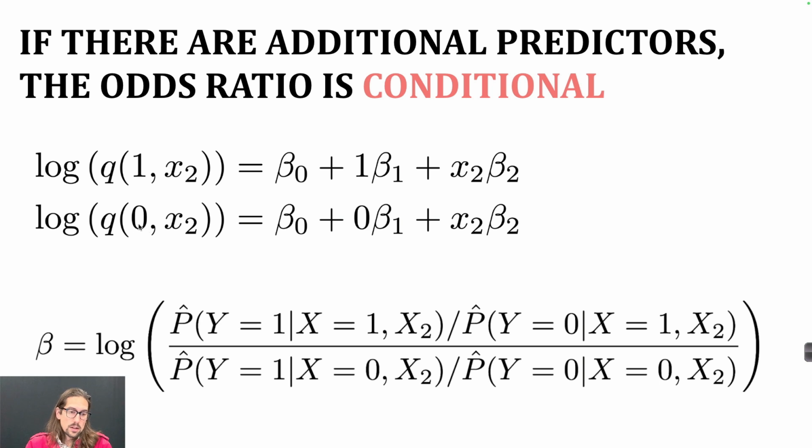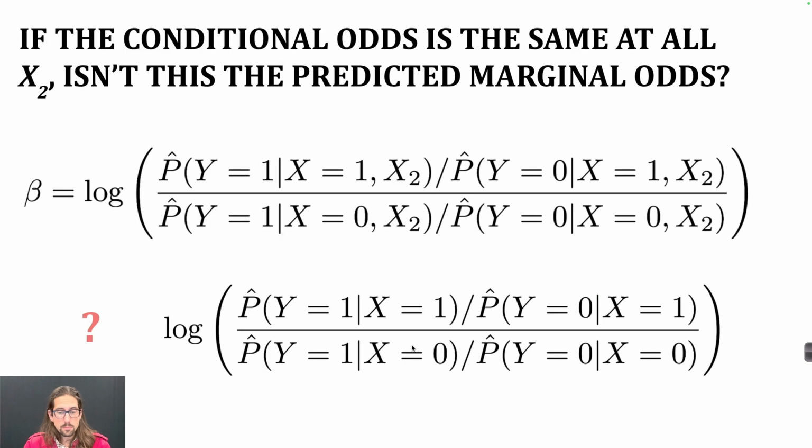And this is the odds at x1 equals 0 and x2 equals little x2. If you do the same thing, you'll see this stuff cancels. But your interpretation of this has to be the ratio of these two odds. In other words, the odds are fixing the value of x2. So it's conditional at x2 equals a particular value.